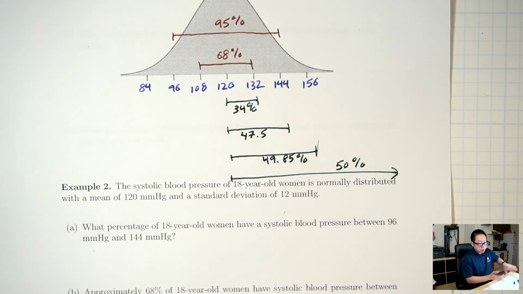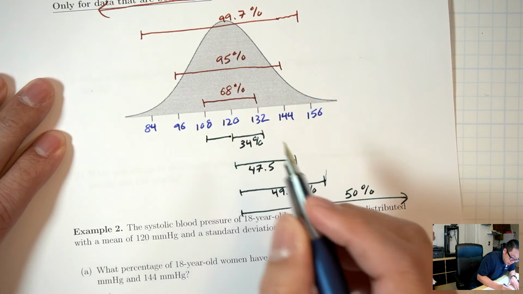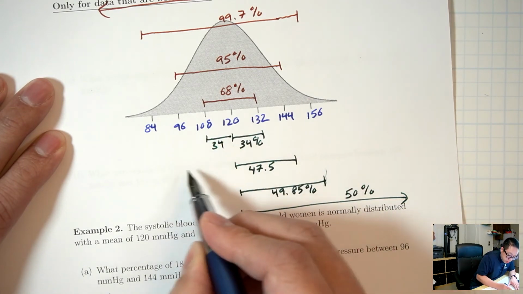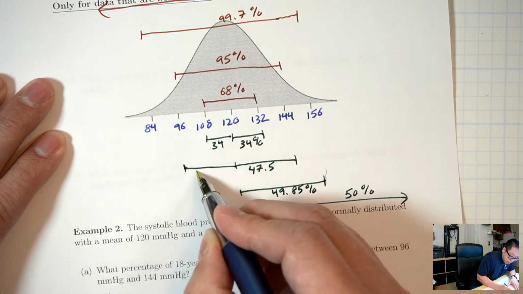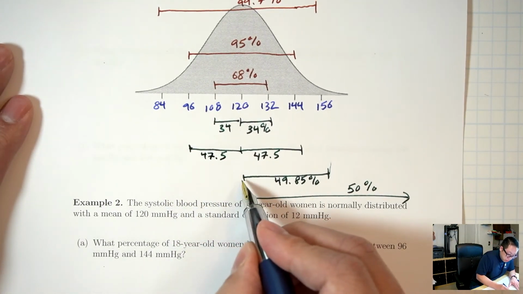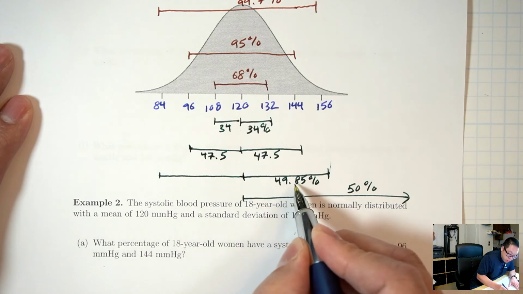Okay, and then same thing to the left. Middle to the 108 should be 34%, right? Middle to the 96 should be 47.5. Middle to 84 should be 49.85.